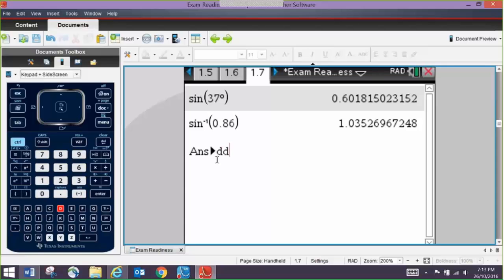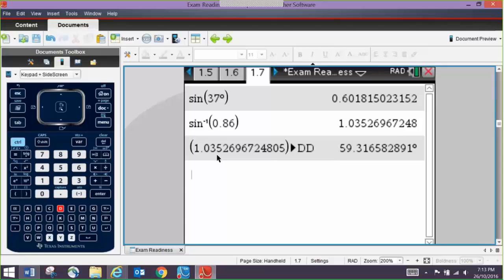That stands for decimal degrees. And if I press enter, it tells me that 1.035 radians is 59.317 degrees. So to the nearest degree, we would say 59. If it said to the nearest tenth of a degree, then we could go 59.3. With our 3 significant figures, we would say 59.3.